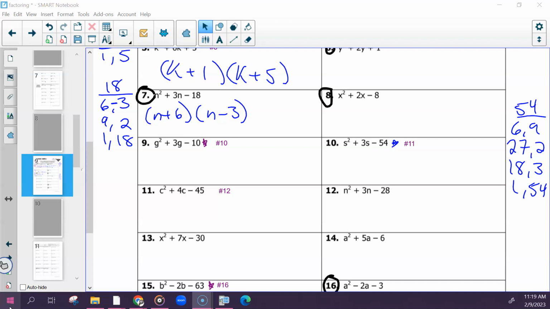What number are we on? 10. And we're trying to figure out which of these factors could we make a negative to add them together to get positive 3.